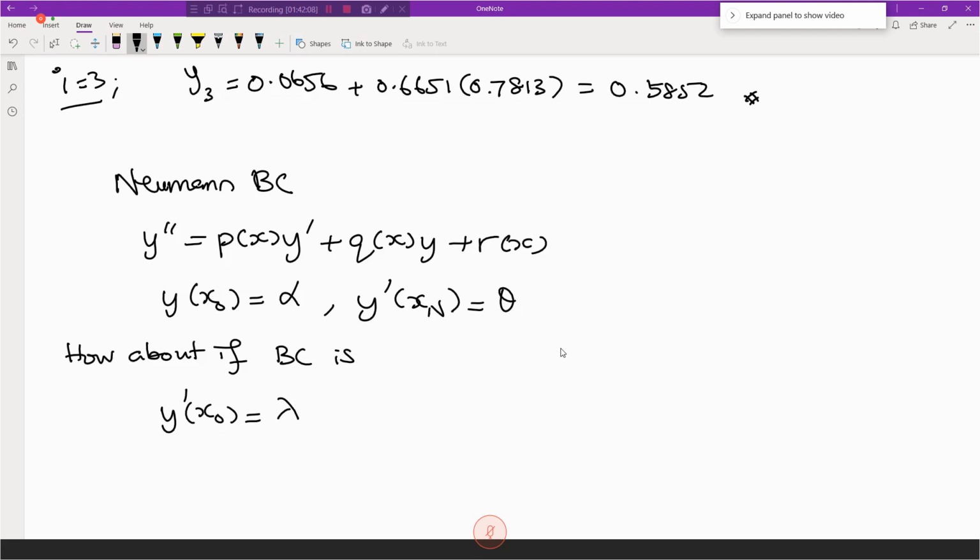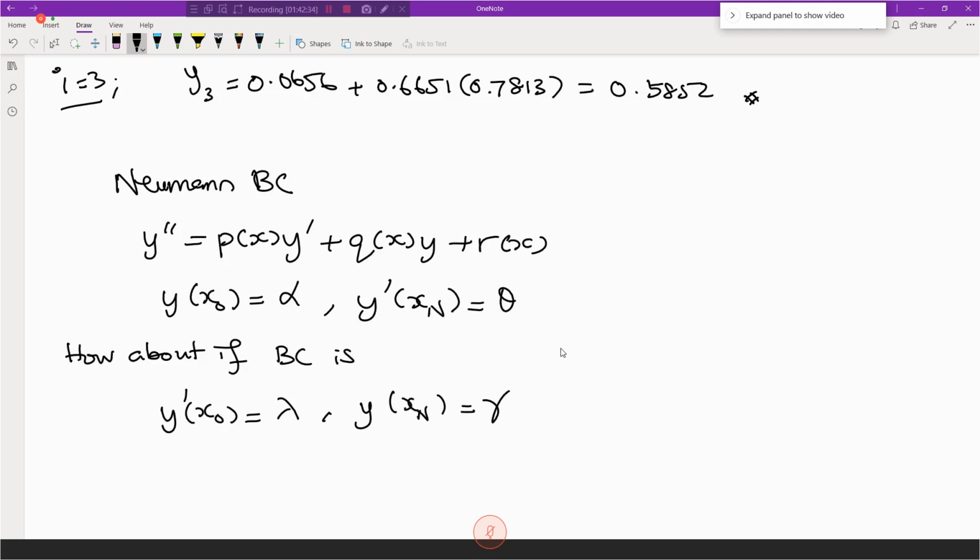Let's say lambda. And you are having y at xn, it's not prime, so maybe another gamma, another value. So if we have this case, they are still linear second order, but with a different boundary condition.